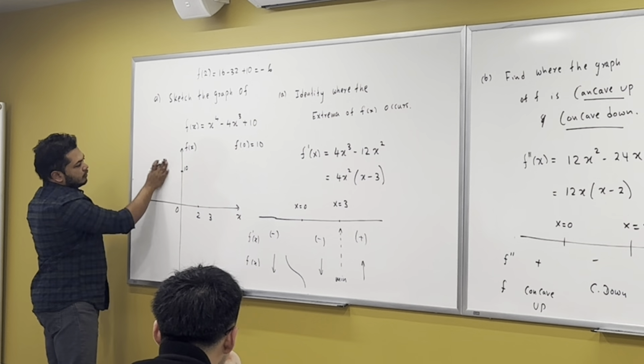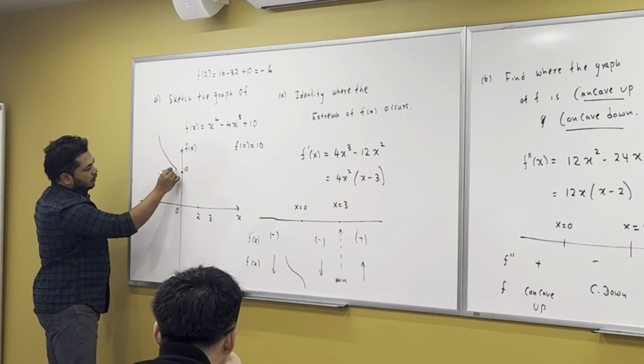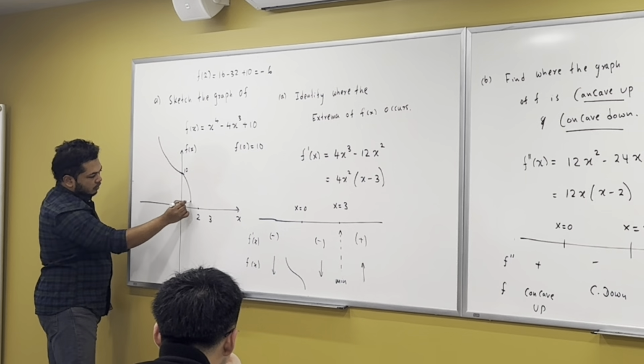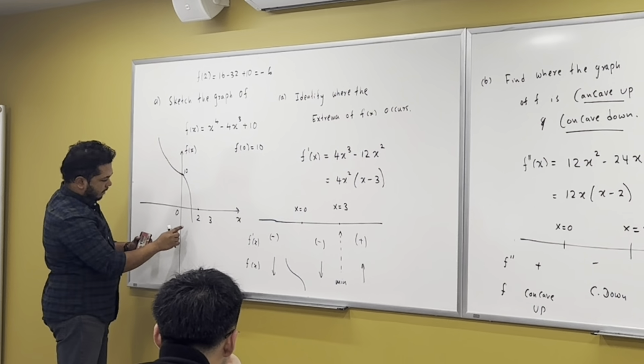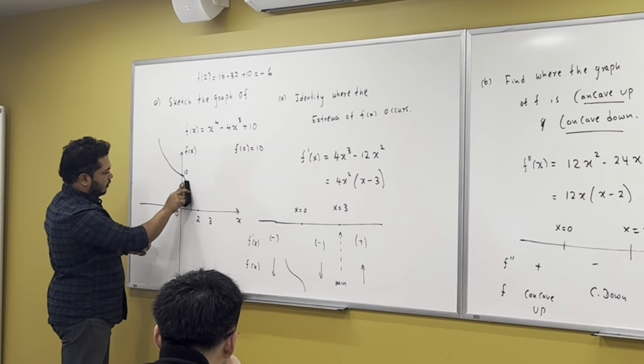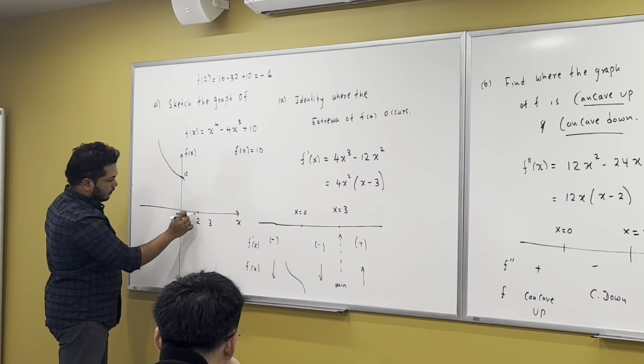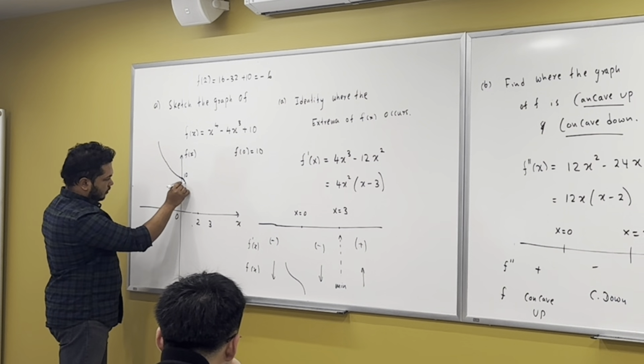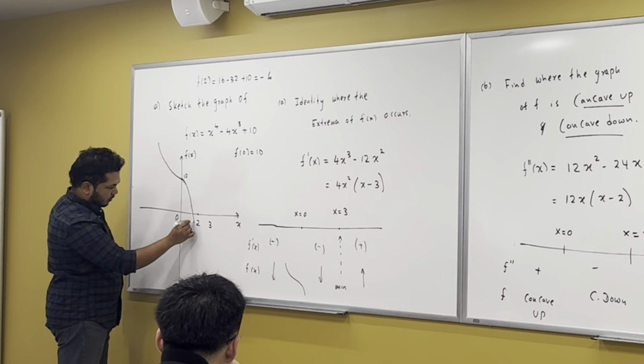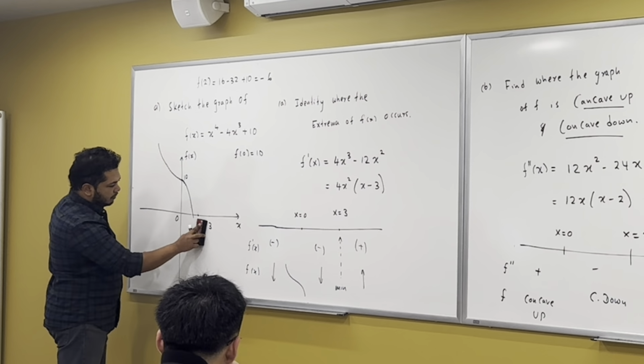I can draw it like this. Yeah, it's negative 6. Yeah, I'll draw it.